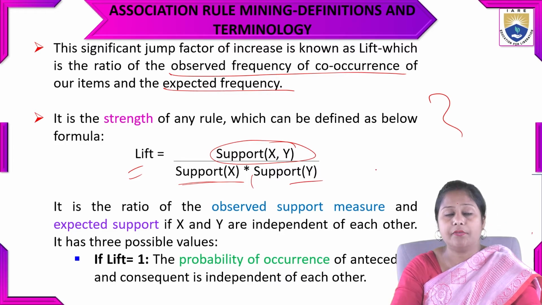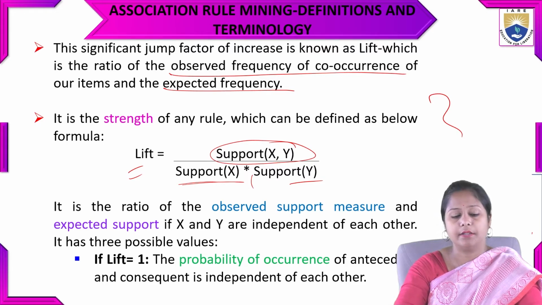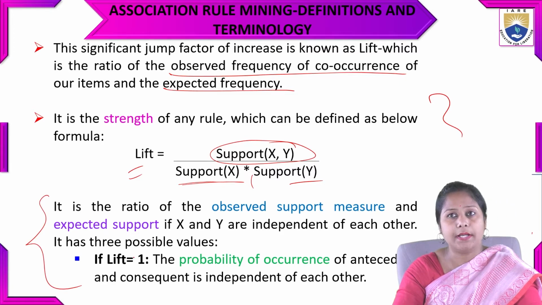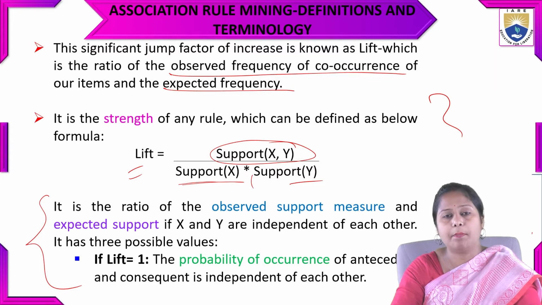So that is the lift of that particular item set, the significant jump factor. Basically it is the ratio of the observed support to the expected support if X and Y are independent of each other. There are three possible values for lift.